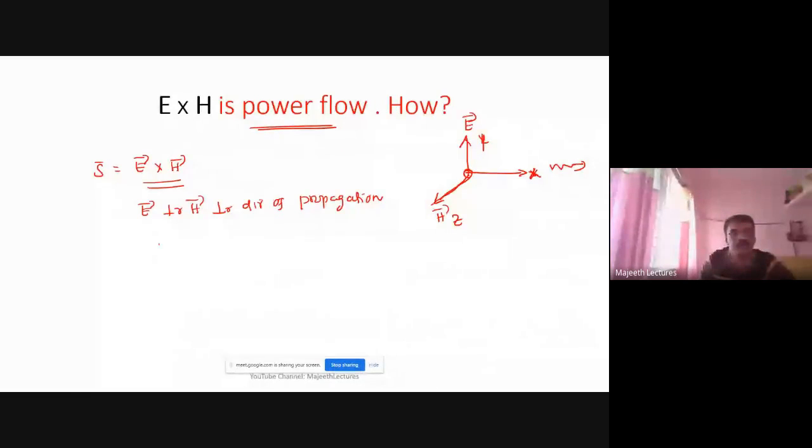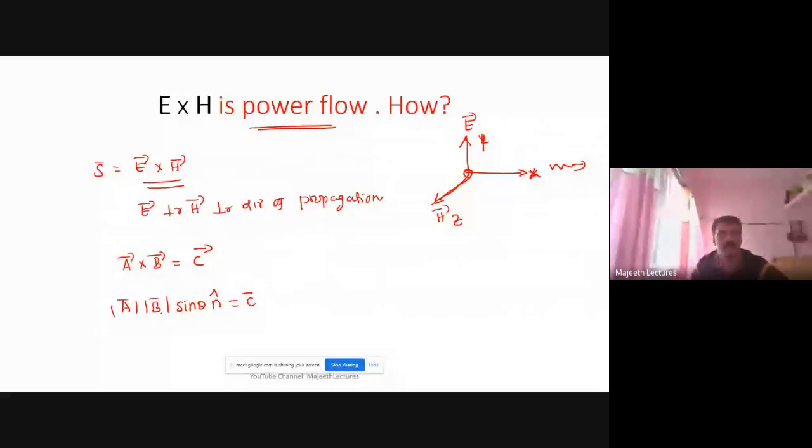Right. So we know that whenever you take a cross product of two vectors like A cross B, let us assume the result is C vector. What is the direction of this A cross B? We know A cross B is equal to mod A mod B sine theta n cap, that is equal to C vector.